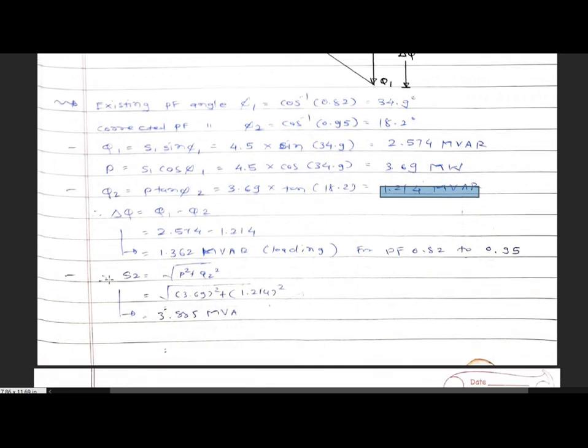Now find S2, the apparent power for the 0.95 power factor. It is given by under root P square plus Q square. So under root 3.69 square plus 1.214 square is equal to 3.885 MVA. This is the apparent power for case number 2.